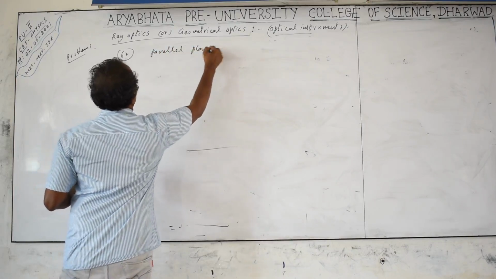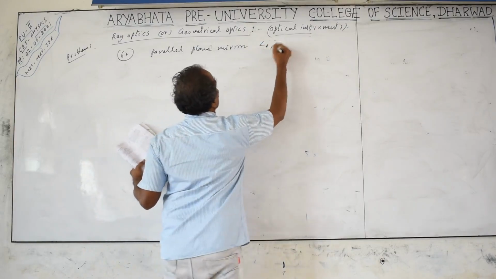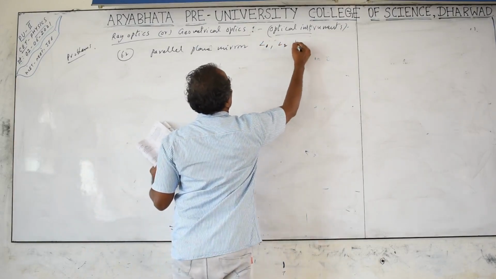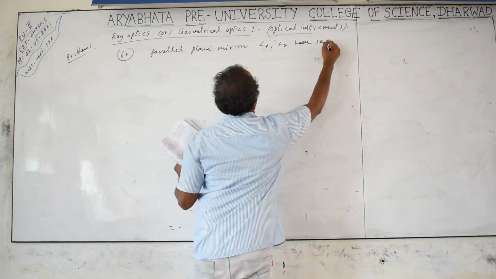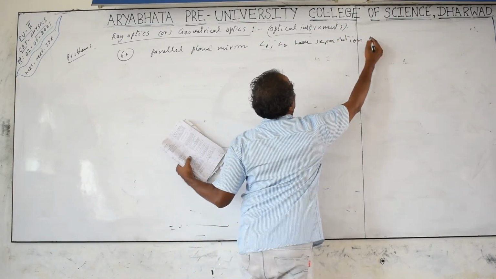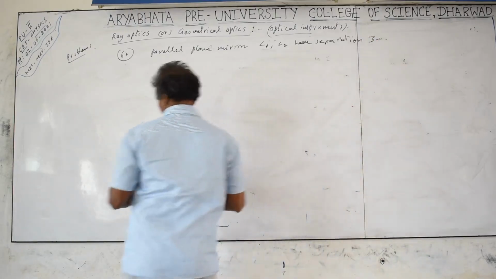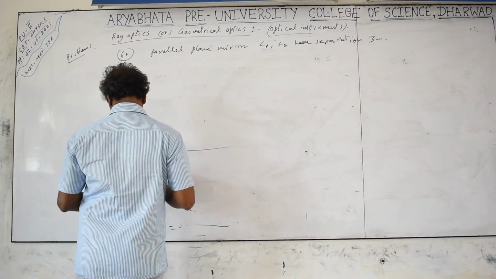Parallel plane mirrors L1, L2 have a separation of 3 meters.